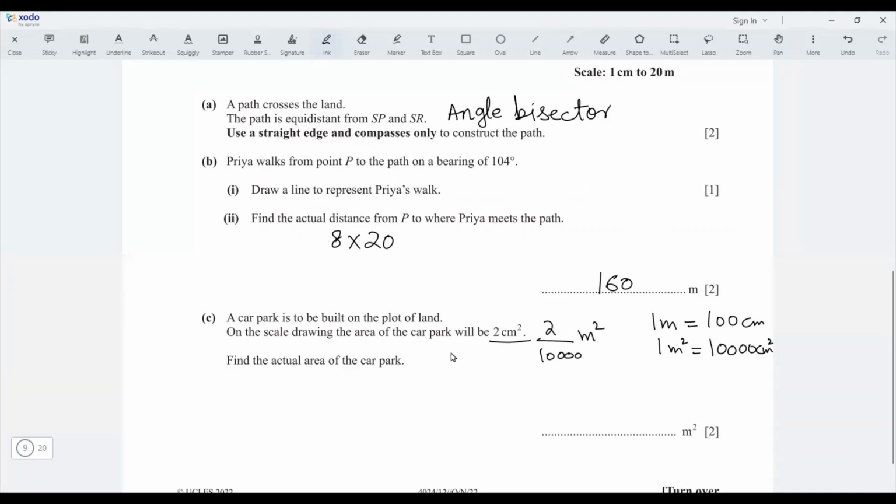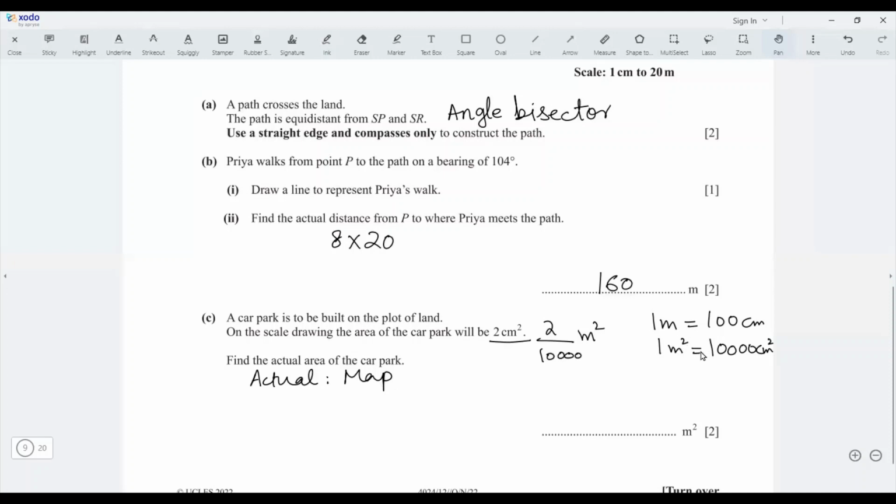A car park is to be built on the plot of land. On the scale drawing, the area of the car park is this. Find the actual area of the car park. We can apply the ratio method, actual to map. What is to be done here? The scale is given, it is 1 to 20.